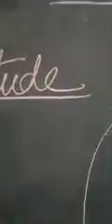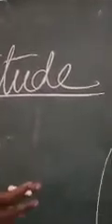Students, now we are going to learn latitude. India lies between 8 degree 4 minutes north and 37 degree 6 minutes north latitude. You have already studied latitudes in previous classes. These lines are latitudes.